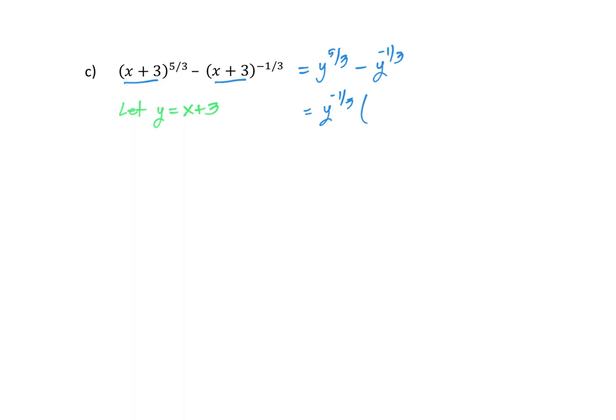I have an issue with talking and writing. Now when I factor out y to the -1/3, remember what we're doing. We're subtracting a -1/3, so we would have y to the 5/3 minus a negative, so plus 1/3. And this would just be a -1.